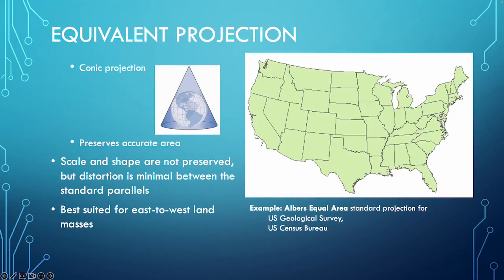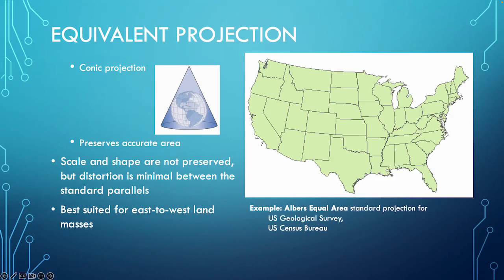Now, probably one of the more common projections that we will work with and that you will do things for is what's called an equivalent projection. So this is a conic projection, and it preserves accurate area of a certain place. These tend to work sort of up to continental scale.